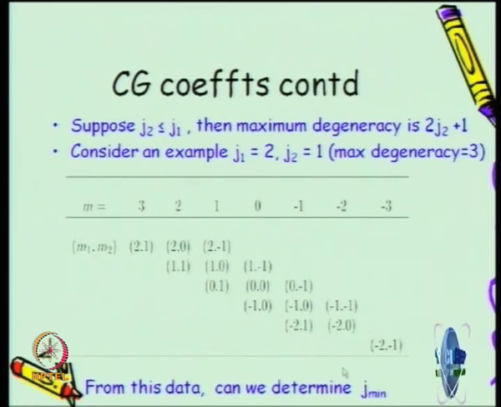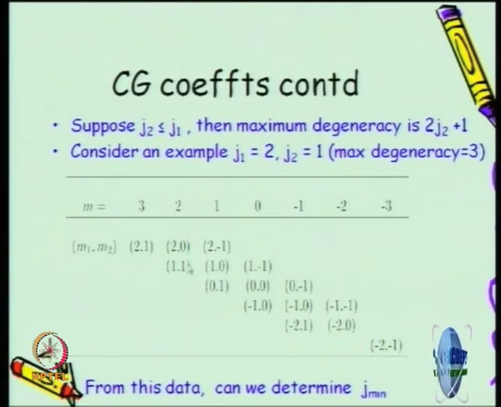So you will not get a degeneracy of 5 anywhere. Just to put your hands and check out for something else also. Take J1 to be 3 by 2 and J2 to be half or something and check it out. What is the degeneracy? Or J1 to be 5 by 2 and J2 to be 1. Check out what is the degeneracy. Just for you to see this table, how the degeneracy is seen.